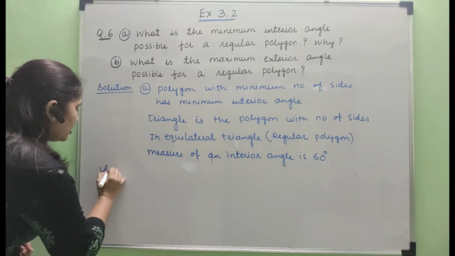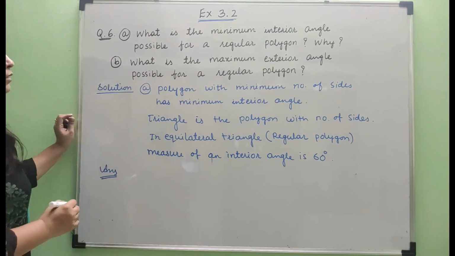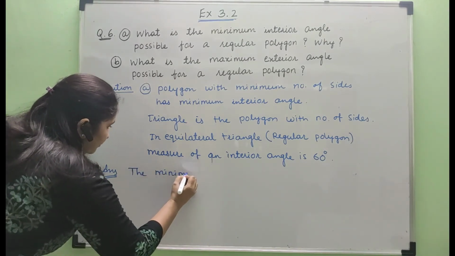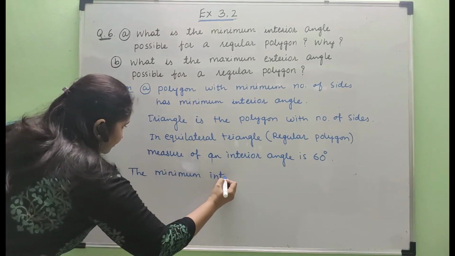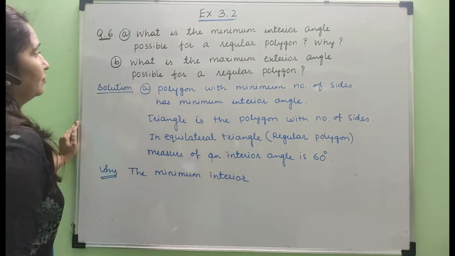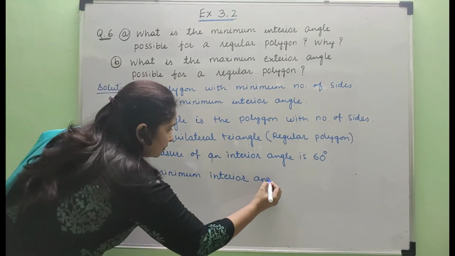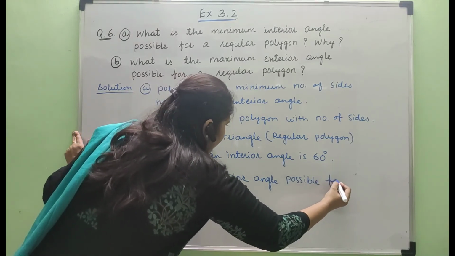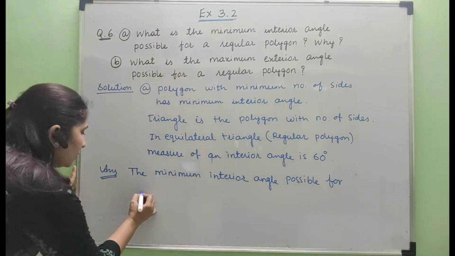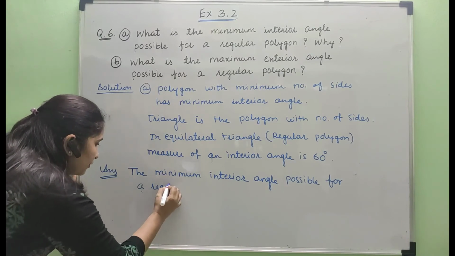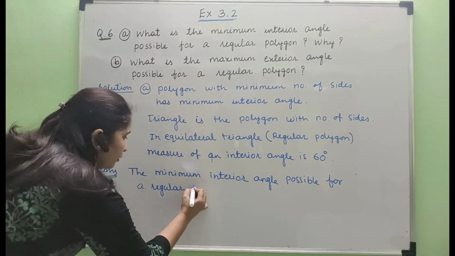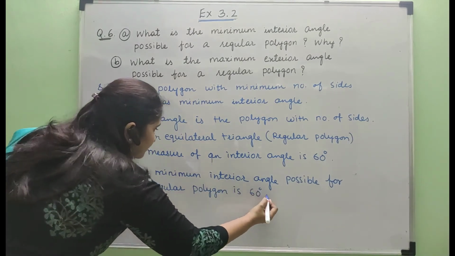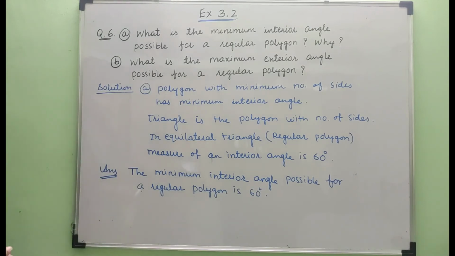So in the answer we will mention that the minimum interior angle possible for a regular polygon is 60 degrees. This is the answer of the first part.